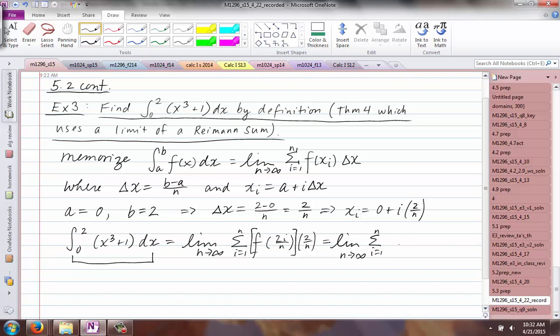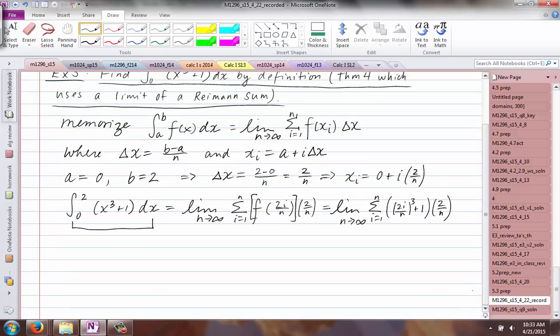Our function is x cubed plus 1, so we're going to put in (2i over n) cubed plus 1. That's f of x sub i, or f of 2i over n, and then we multiply that by 2 over n.